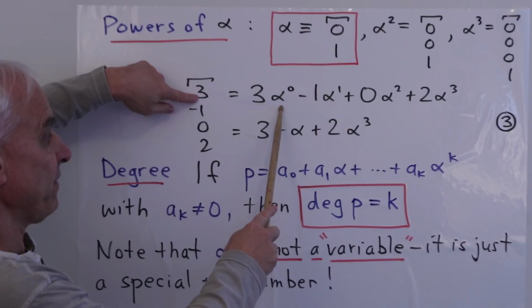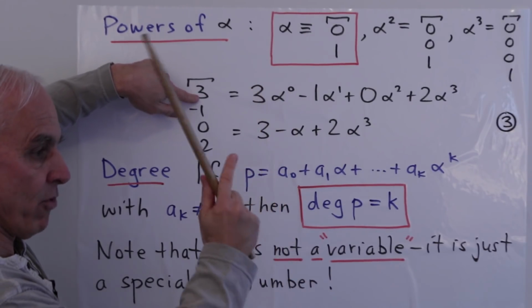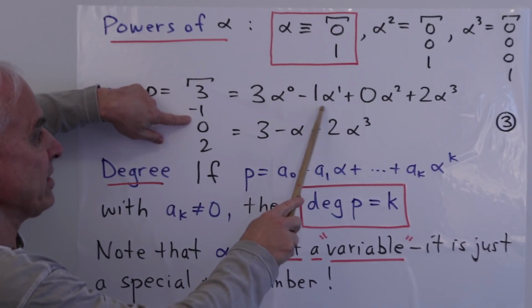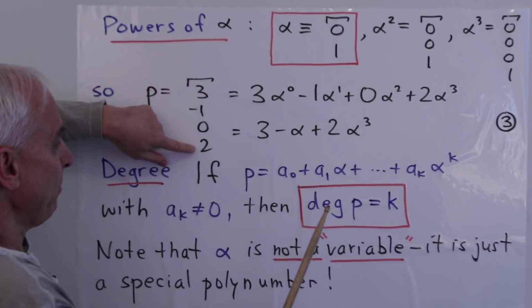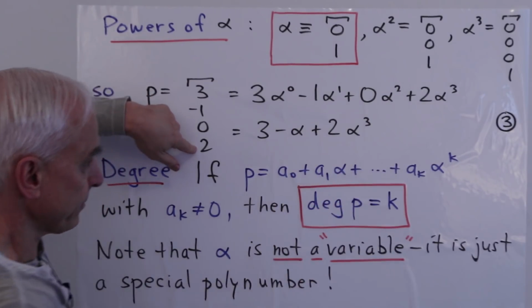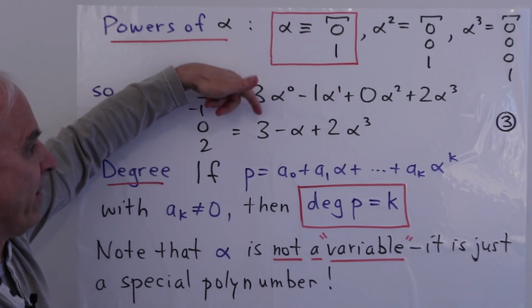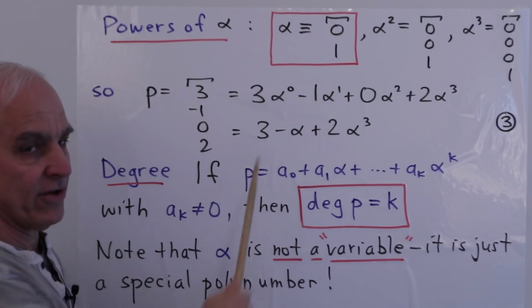It's 3 times alpha to the 0, which by agreement is just the polynumber 1, with a single 1 there and nothing else, minus 1 times alpha to the 1, or alpha, plus 0 alpha squared, plus 2 alpha cubed. And we'll agree to write alpha to the 0 just as 1, so we'll just write 3. And we'll agree to write alpha to the 1 just as alpha.